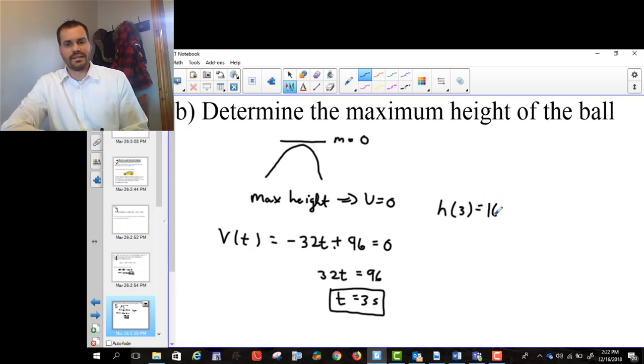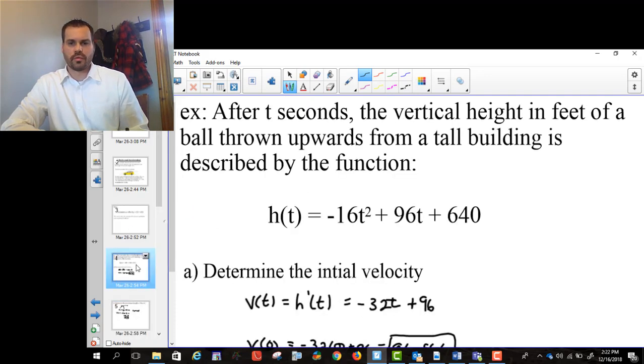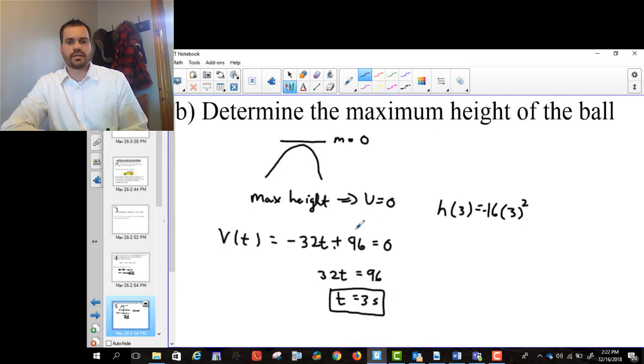So it's minus 16 times 3 squared, and if we jump back here, I have to remember it's plus 96t and then plus 640. So plus 96 times 3, and then plus 640. So 3 squared is 9, so we get minus 16 times 9 plus 96 times 3, that's 270 and another 18, so 288.